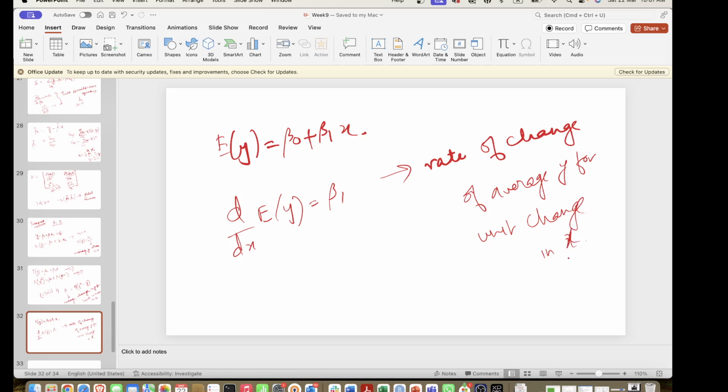If beta 1 is greater than 0, we'll see a change in the positive direction. We'll see scatter plots like this, and if beta 1 is less than 0, we are going to see scatter plots like this.